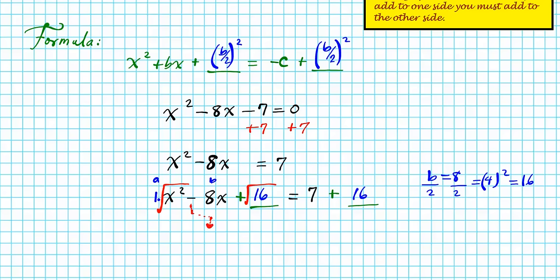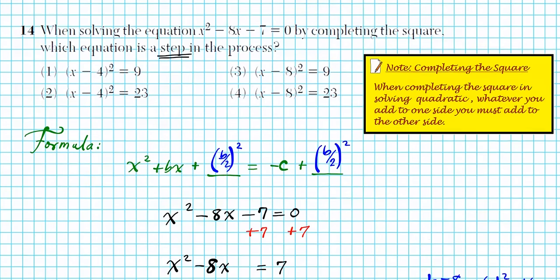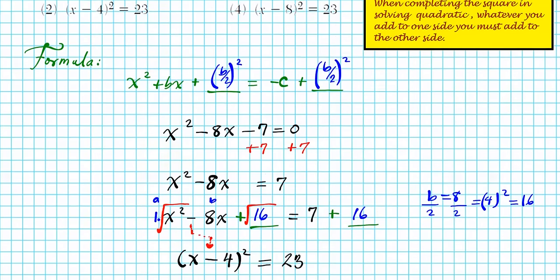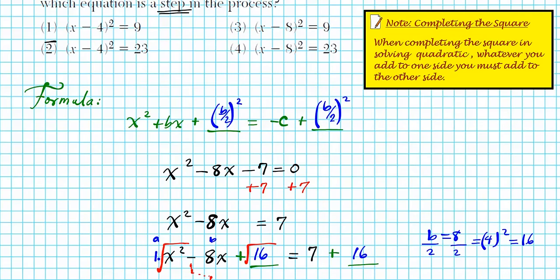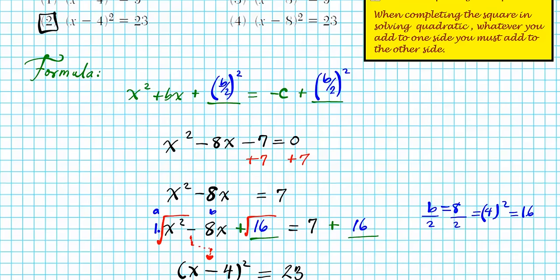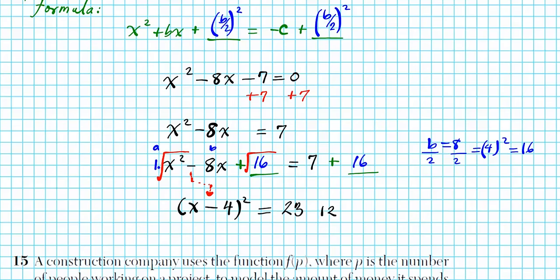So it's now going to be the square root of x squared, which is x, minus the square root of 16, which is 4, quantity squared, equals 7 plus 16, which is 23. So our answer is option number 2. That's the answer for number 14, so let's write that down. Option 2.